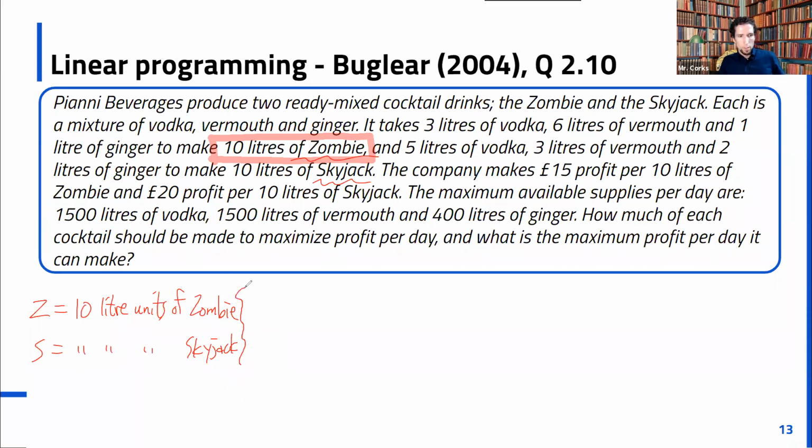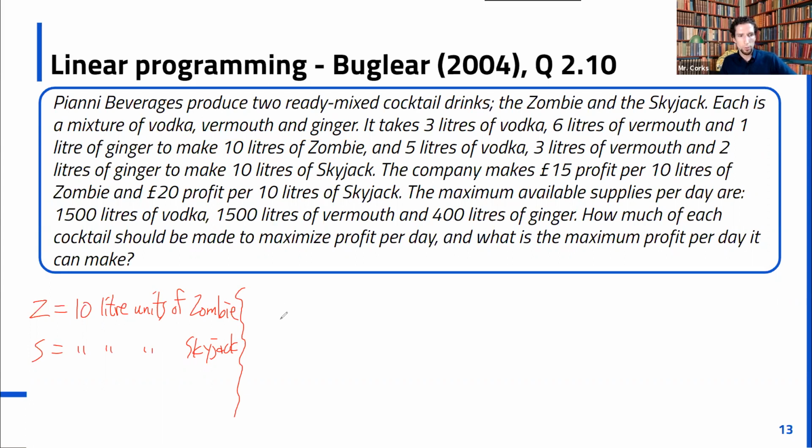Okay, so we've identified that. Let's think about all the different other parts here, and then it will become a bit clearer why exactly we chose Z and S for these two things. All right, let's write this out.